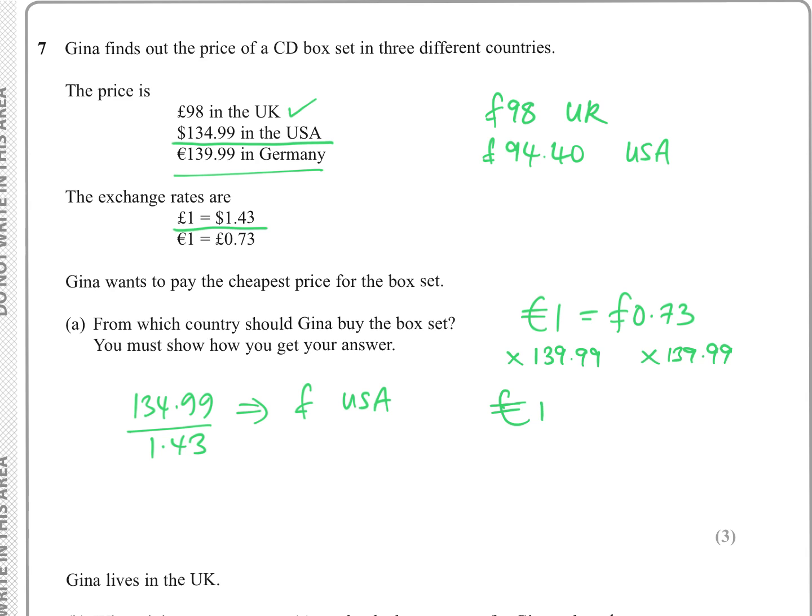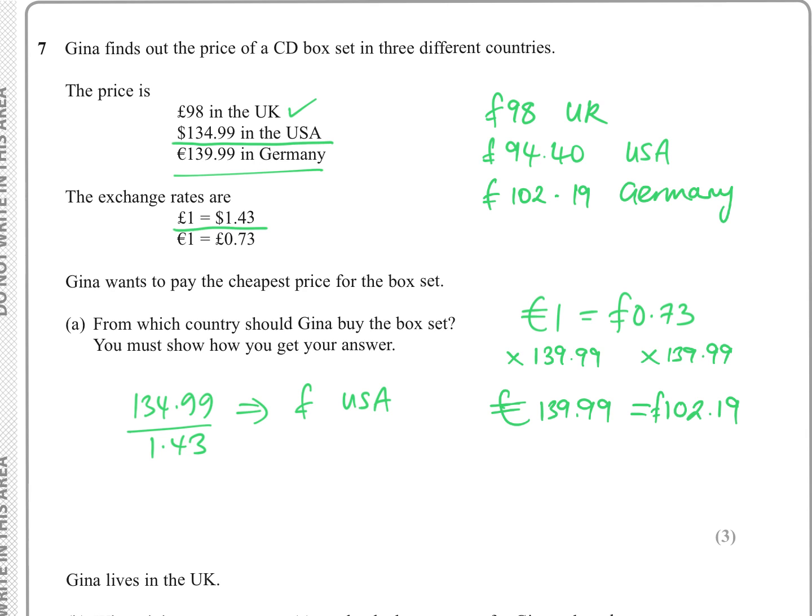Then we'll get 139.99 euros, and that will be the same as 0.73 times 139.99, and we get £102.19 to the nearest penny in Germany.